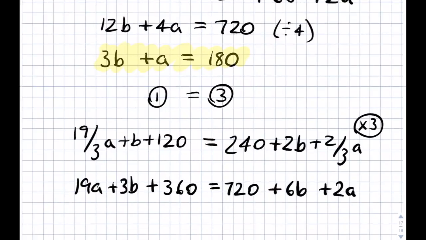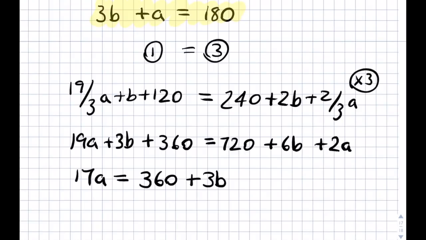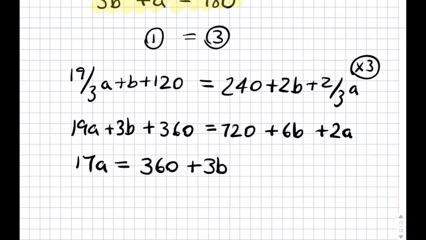Okay, I can then take 2a away from both sides, so I get 17a equals 360 plus 3b. And then if I bring my 3b over to the left hand side, I'm going to get 17a minus 3b equals 360. And this becomes my second equation.